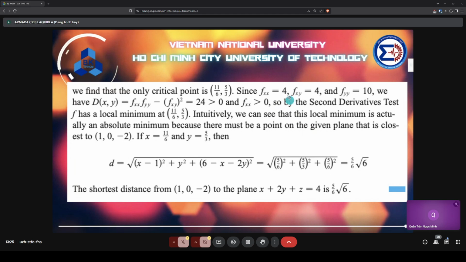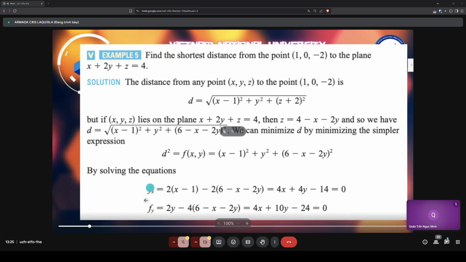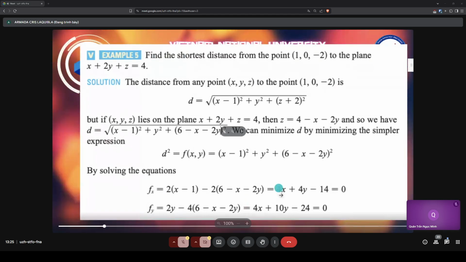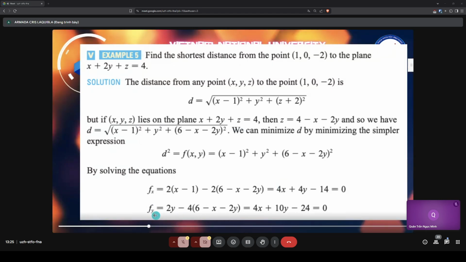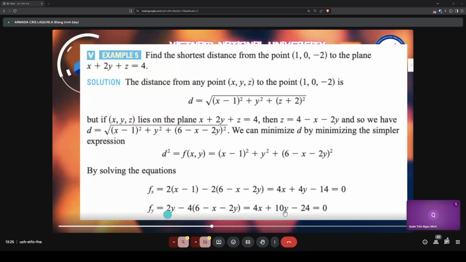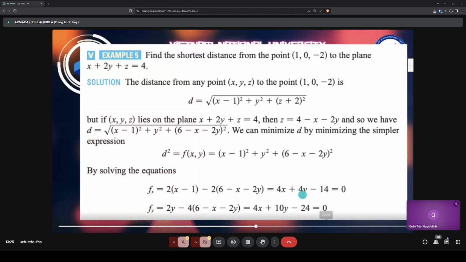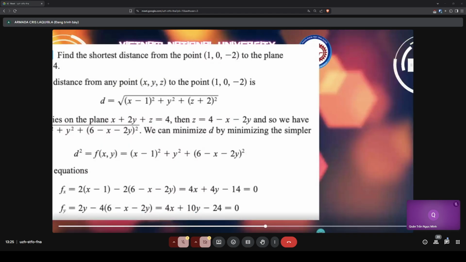Now we solve for fxx, which is equal to 4. Your fx is this; to get fxx, the derivative of 4x is 4 only. Your fyy is 10 only, and then fxy, look at your y here, so 4. And that's it: 4, 4, 10.